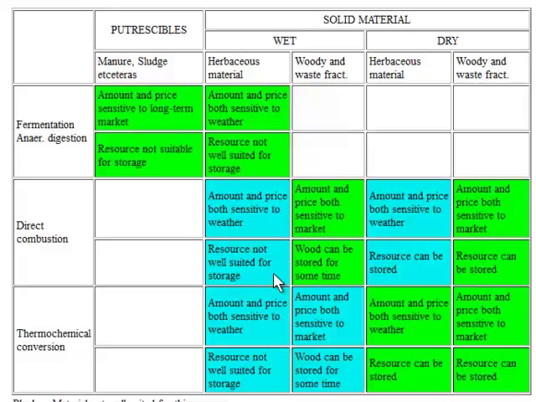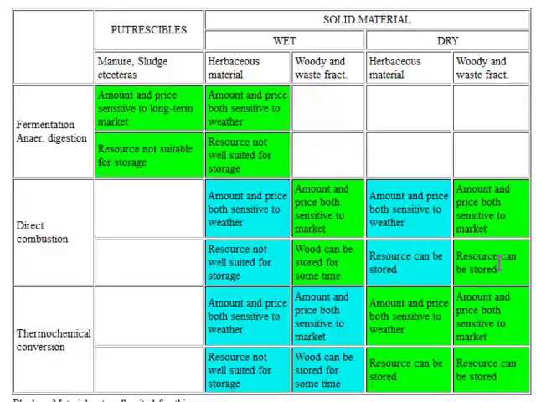So even though herbaceous wet material and wet wood can be mixed and fired in direct combustion in the same boiler, you will have to treat the two fuels separately all the way up until the boiler, unless you want the easily digestible herbaceous material to infect the woody material so that both degrade simultaneously at a very high rate. You will want to keep these two separate all the way, and the supply chain has to be planned according to that.